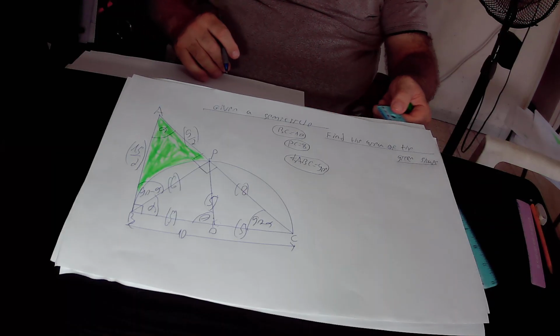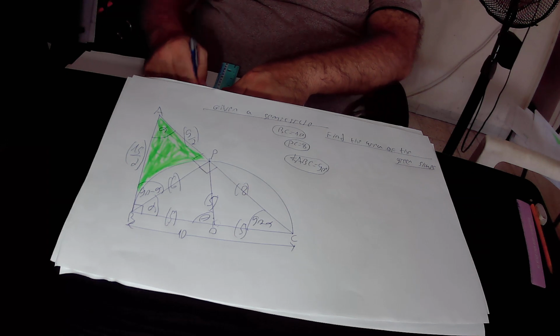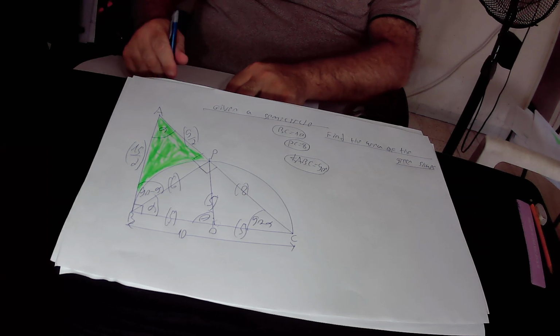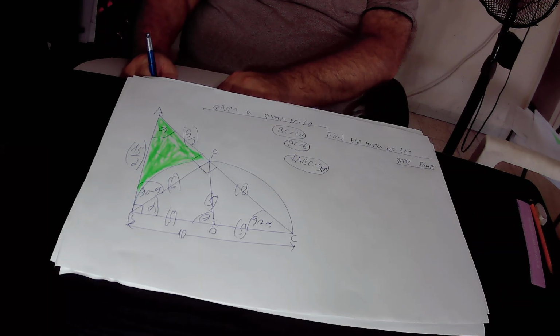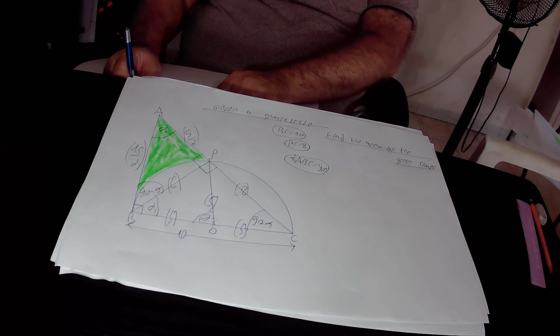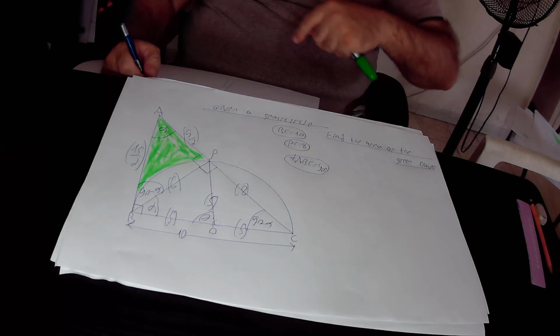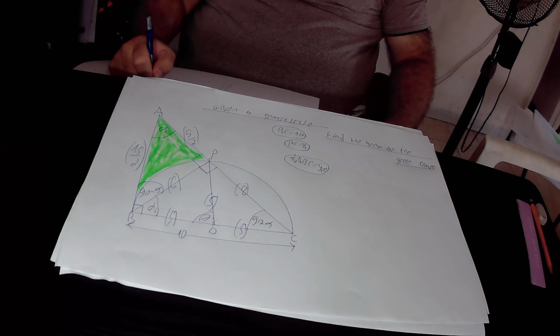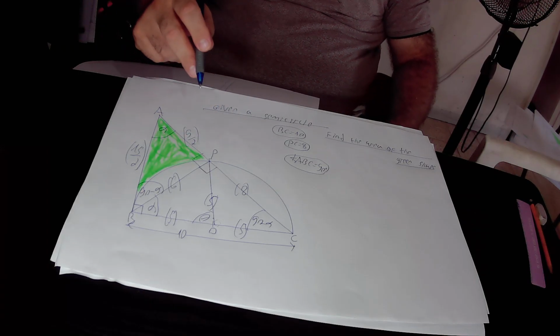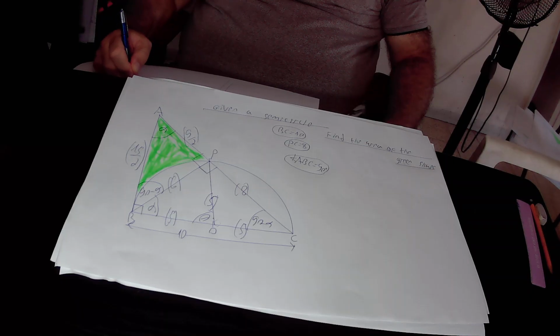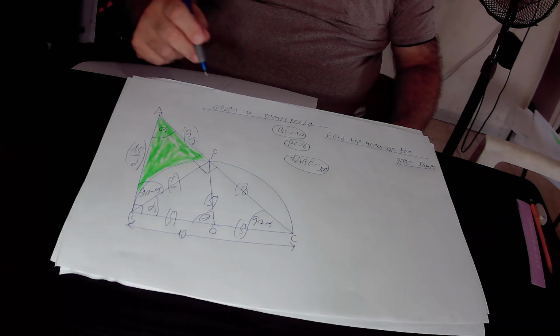According to the law of cosines, in triangle POB, the following equation is true: cosine theta equals 5 square plus 5 square minus 6 square over 2 times 5 times 5.